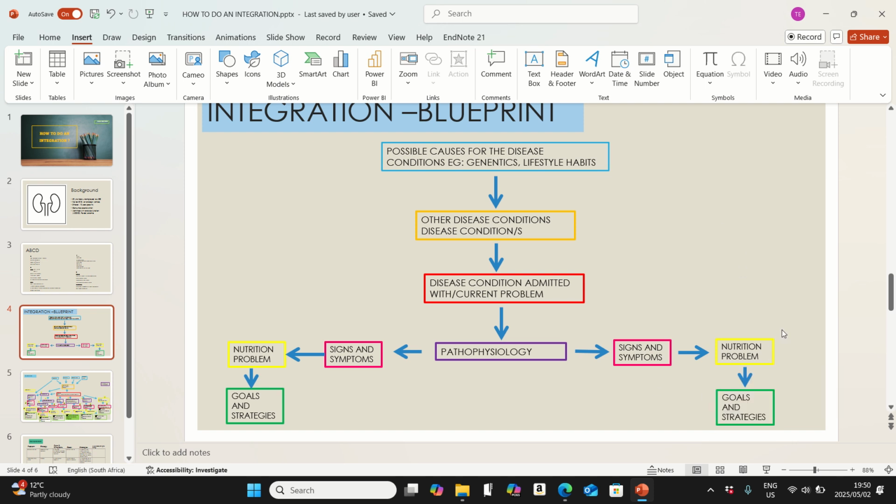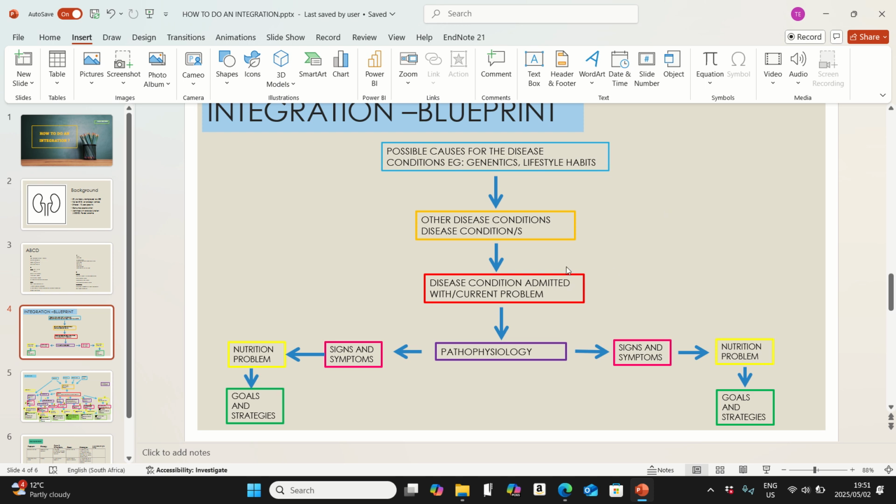I think it's nice to have everything on your integration so that you can literally just take this page, go to your PES statement page, and write everything there. This is a blueprint for the integration, but then it becomes your blueprint for your PES statements, if that makes sense. Okay, so let's get into this.